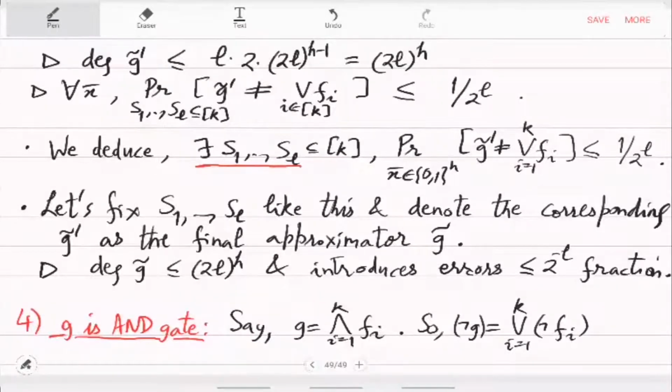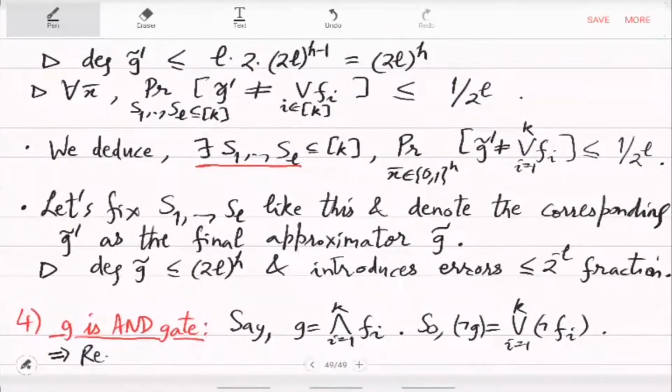And now what you will do is, from Fi tilde you will define the approximator of not Fi, and then you will use the OR approximator design given above. That will give you the approximator for G, which is G tilde.